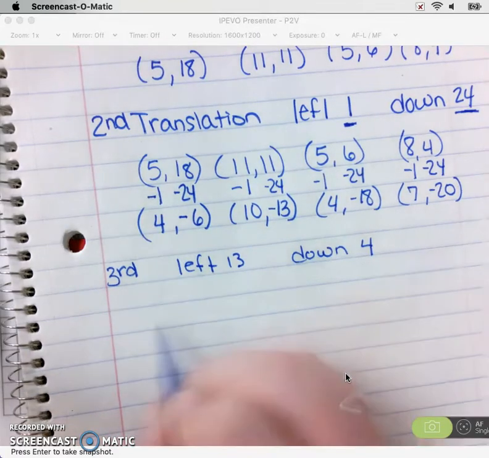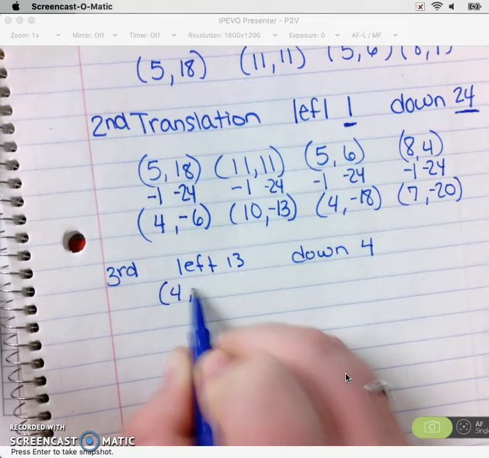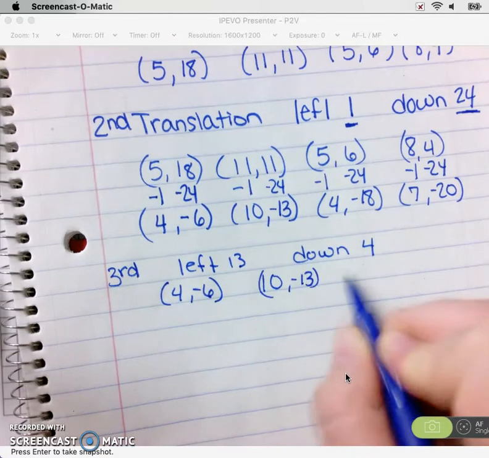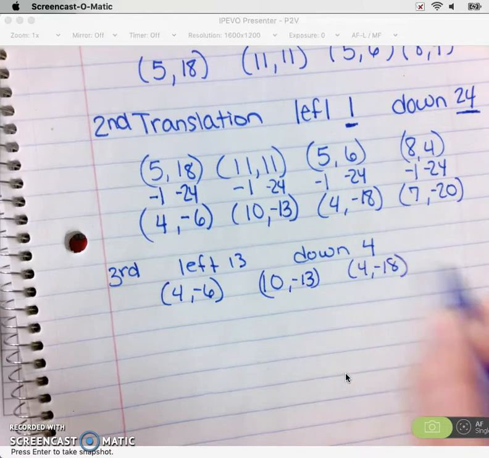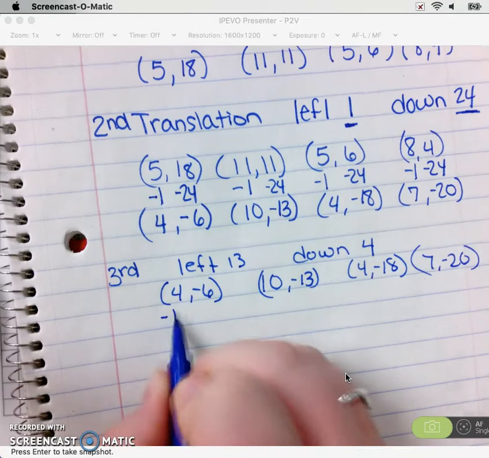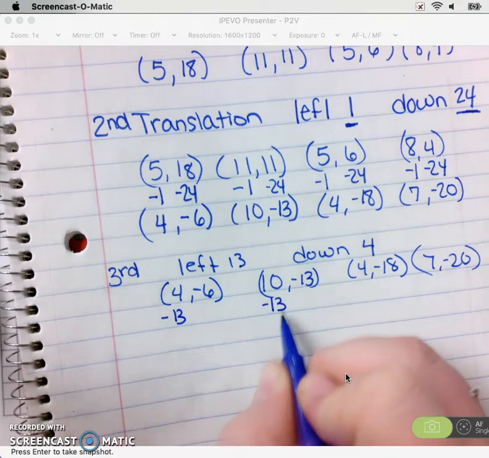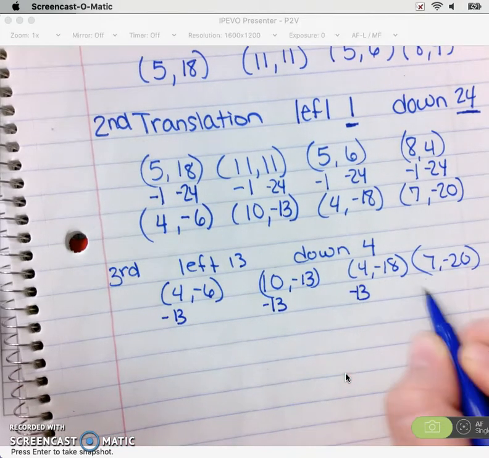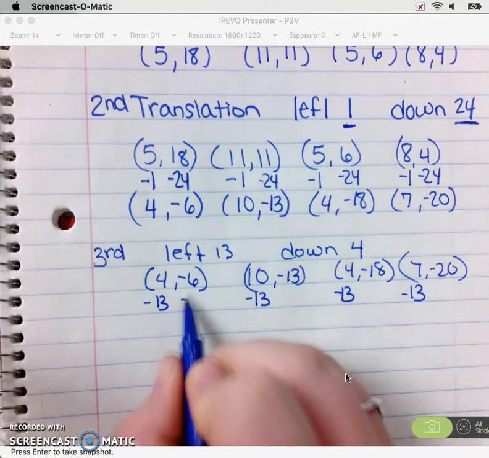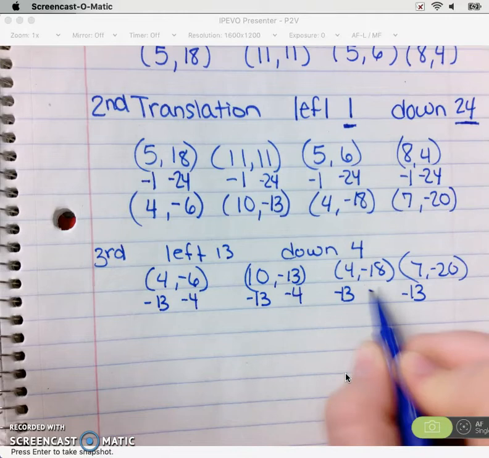I'm going to take my last points, 4, negative 6, 10, negative 13, 4, negative 18, 7, negative 20, and left, I'm going to subtract from my x. So I subtract 13 from each one of those, and then down 4 I subtract from each one of my y values.